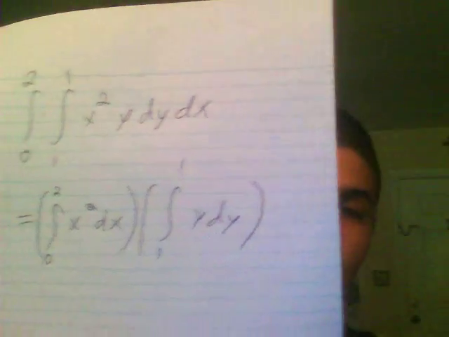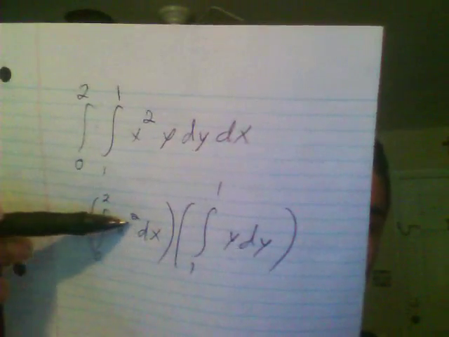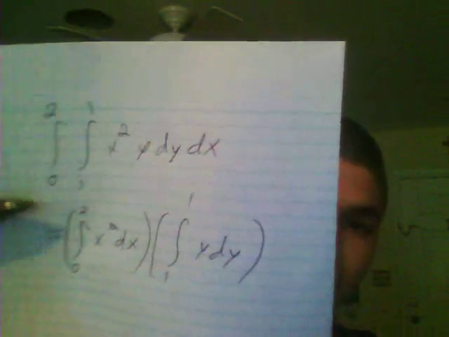I'll show you. So integral from 0 to 2, in parentheses, that's with the dx, because the dx was last, so you have x squared dx times integral 1 to 1, y dy. You're allowed to do this. You want to do this, actually. When you have bounds that are just numbers, you can do this.